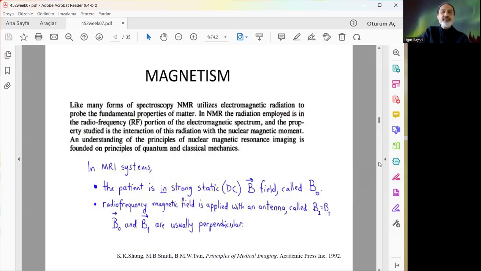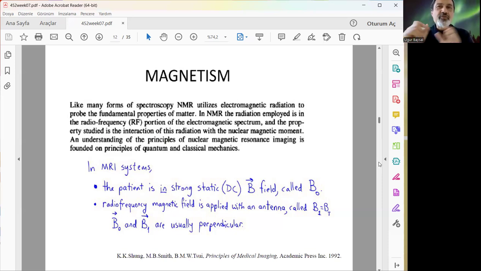The other property is that the human body has very uniform magnetic properties. So the penetration depth of the MR system is really high. It's better than ultrasound to see deep tissues with the same image quality parameters.